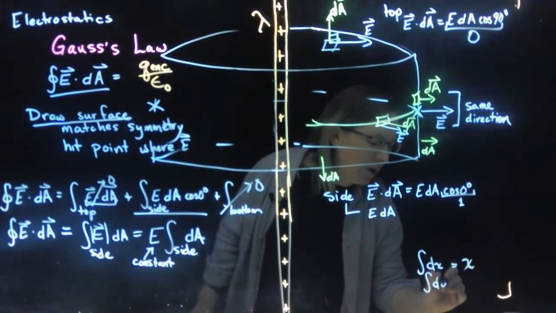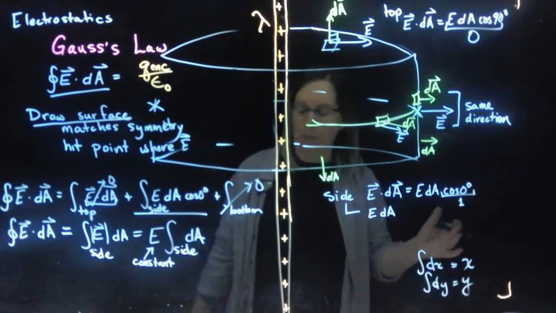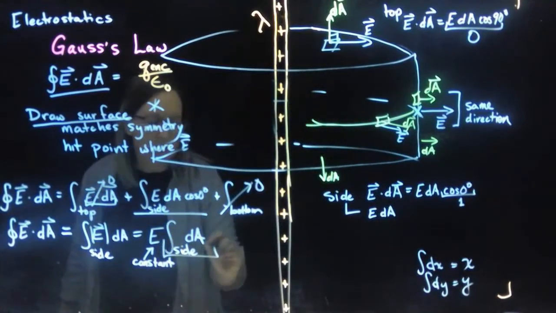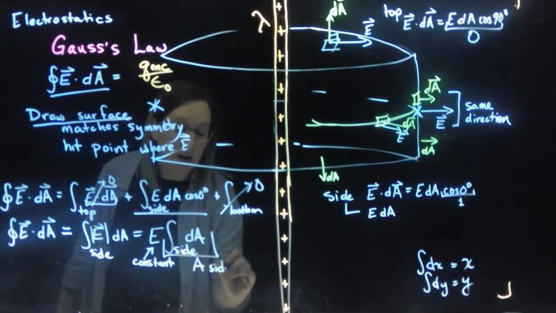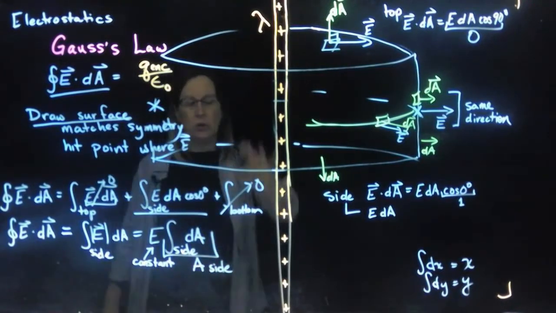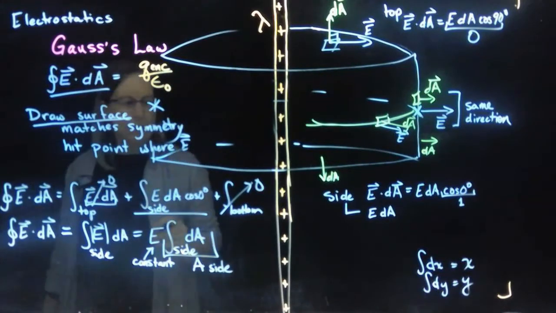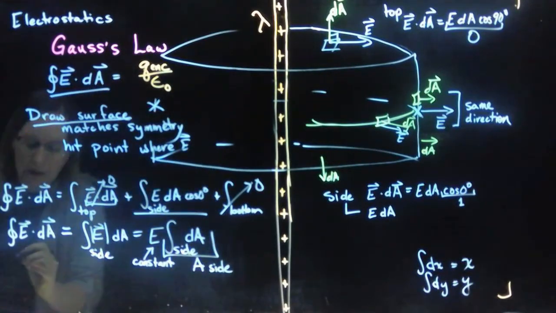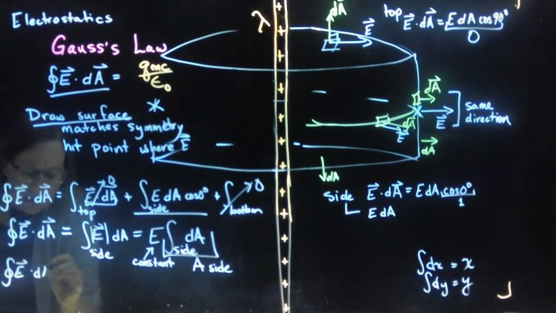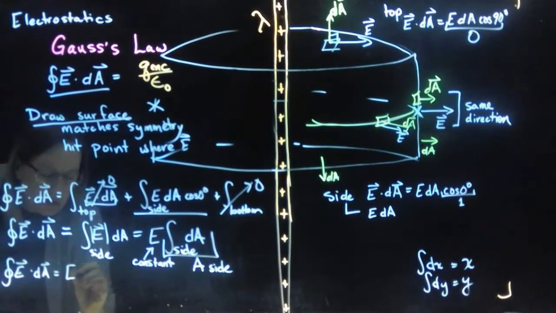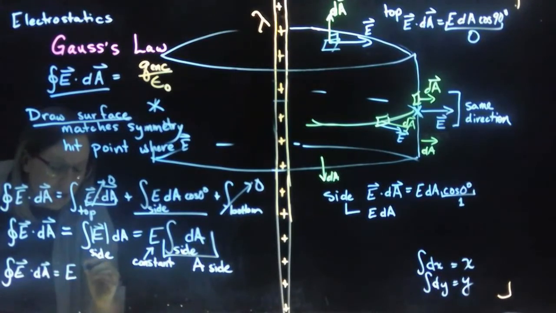Integral dy is equal to y. So in this case, this just becomes the area of the side. So the total flux through this surface is equal to the electric field times the area of a side.